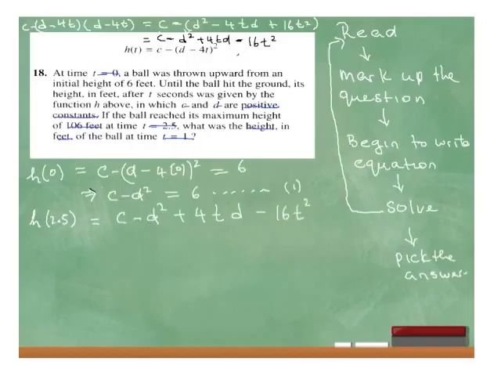As awkward as it looks, I just noticed something. I know the value of this one, which is 6. And I also know the height of this one, which is 106. It's right in the question.